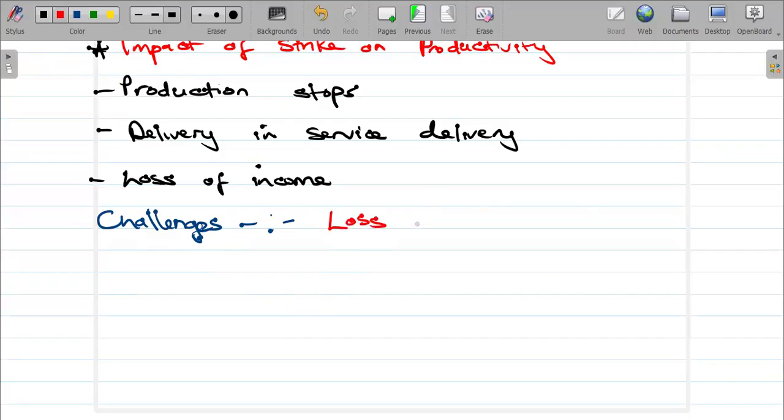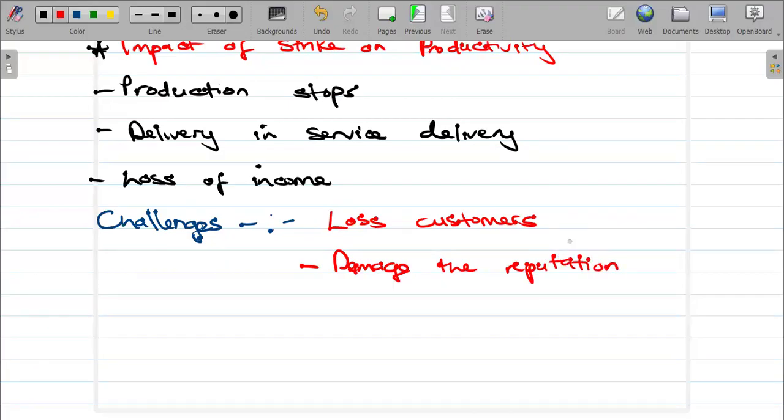The business will lose customers during the strike period. And you can find that strikes damage the reputation of the business.